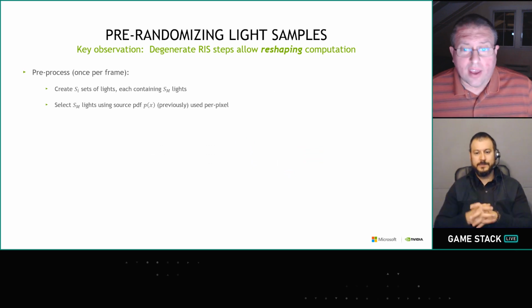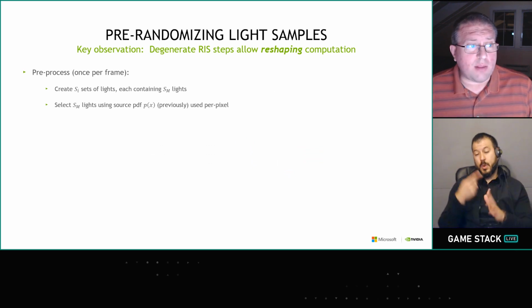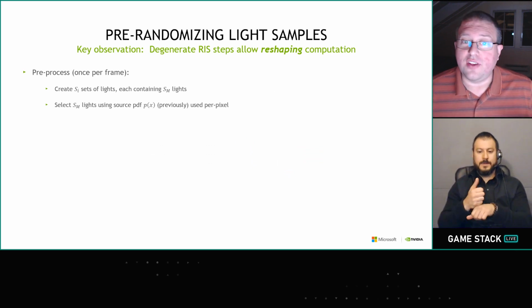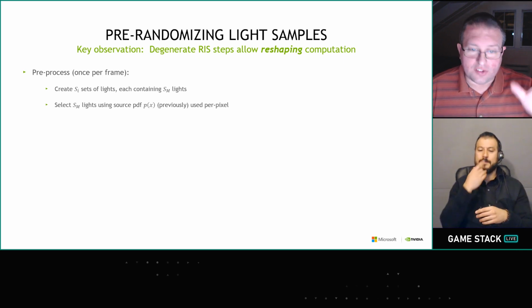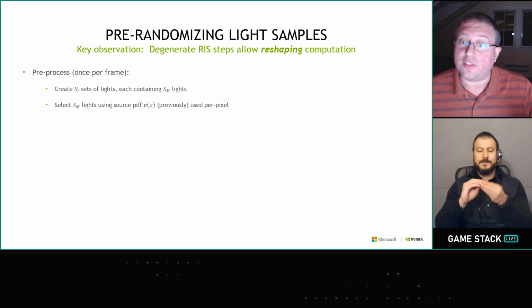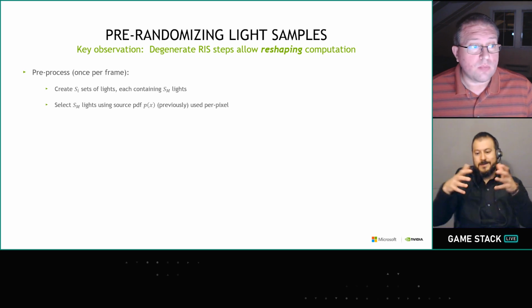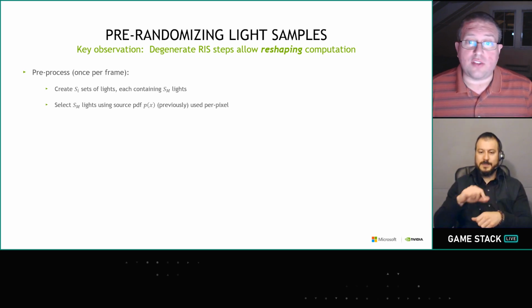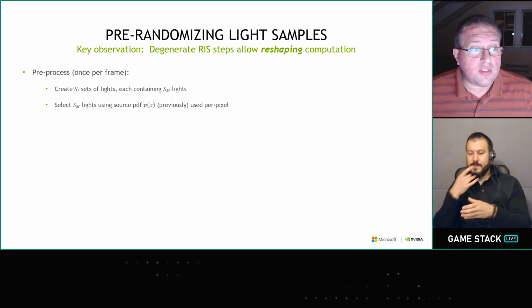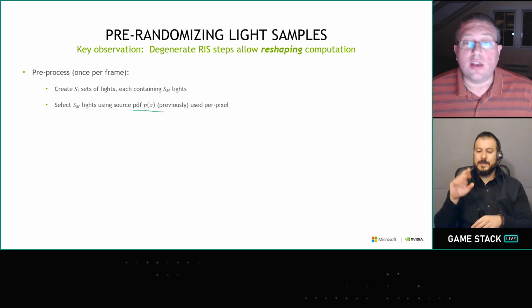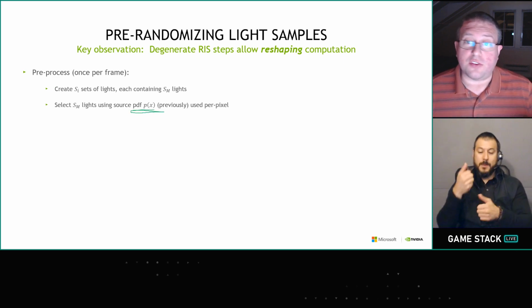What we actually do is, once per frame, we create a set of lights, and these sets of lights contain a small fixed number of light samples from our entire universe. We create these sets, or pools, of lights using the same PDF p that we would have used on a per-pixel basis before.